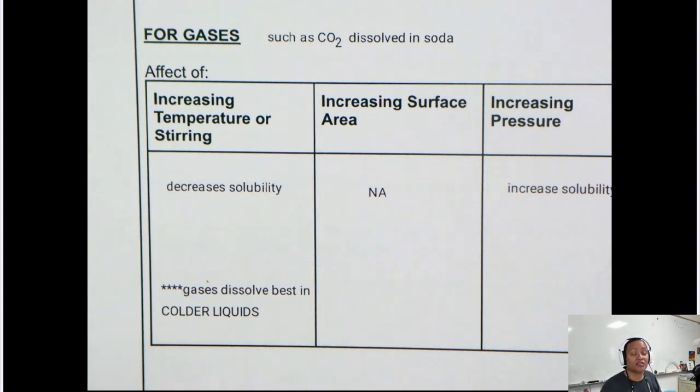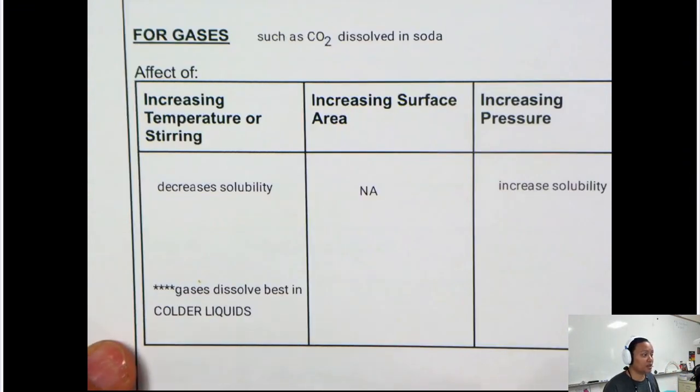If you store it in the refrigerator, the rate at which the gas leaves the liquid is going to be a lot slower. If I store my soda out on the countertop in my kitchen, I'm going to lose gas faster, which means your soda will go flat much sooner.